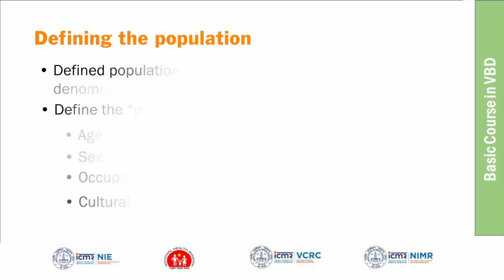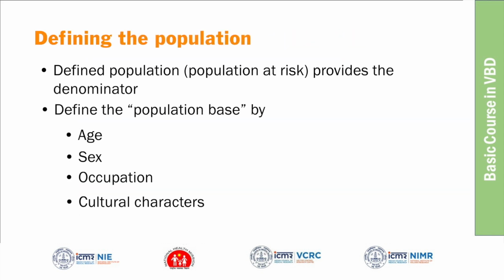So as a first step, defining the population. If you take any population, we have to have a clear-cut idea about which population you are interested in, whether among the pediatric group or among male only or female only, or based on any occupation. So these are all the factors that make up the population base: age, gender, occupation, cultural characters, and socioeconomic conditions.